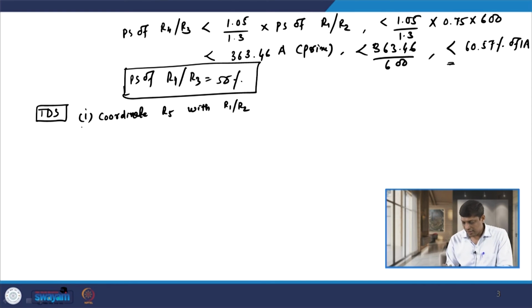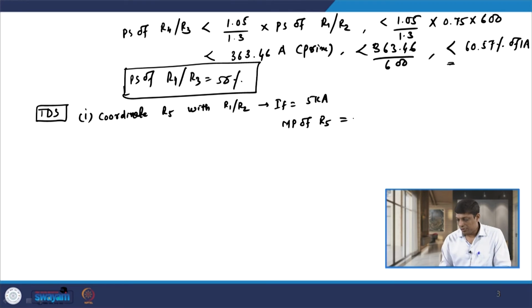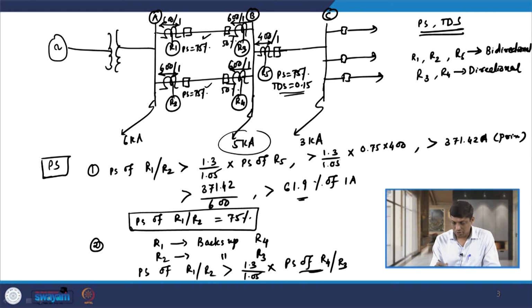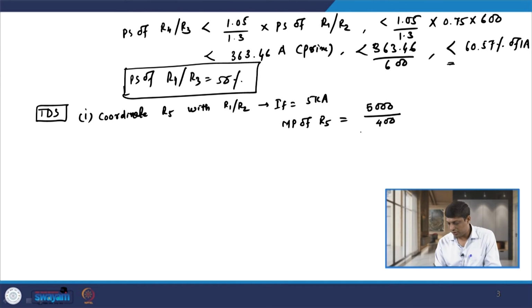So for this, with IF equal to 5 kilo ampere, let us first find out the multiple of pickup current of relay R5. This is based on the 5000 ampere current divided by the CT ratio of R5, that is 400. You can see here the CT ratio of R5 is 400 and the plug setting is 75%. So the whole divided by 0.75 comes out to be 16.67.